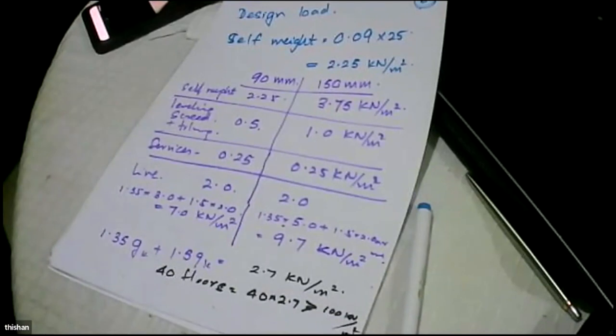For 40 floors, it's about 100 kilonewtons per meter square. So you can see, although it looks small, only 2.7, when you consider a multi-story structure going up to about 30 to 40 floors, if you adopt this system, you can make a very significant saving on the self-weight of the structure.